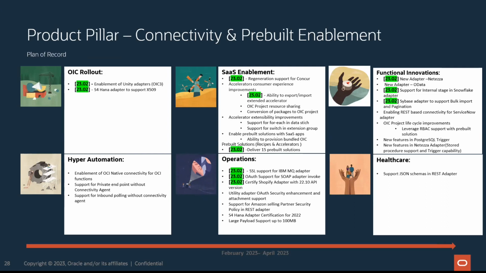Like functional innovations, we see in 23.02 a new Netezza adapter. Very soon, we're looking at getting a new adapter for OData. And there's a Snowflake adapter that now supports internal stage, and a Sybase adapter supporting bulk import and pagination, etc. So very, very interesting stuff as well.